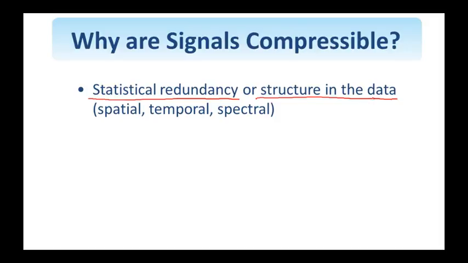One expression of this correlation is in repeating patterns, such as in text data, which we can capture, for example, by building short dictionaries able to describe large strings of data. Alternatively, we can use these correlations to perform predictions. So in the spatial domain, if we look at any image, we can predict the intensity value at this location by utilizing, for example, the intensity values of these four neighbors.